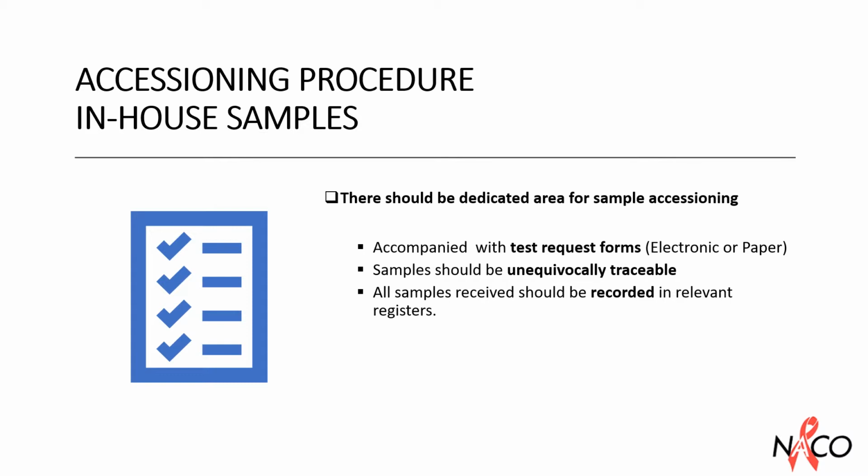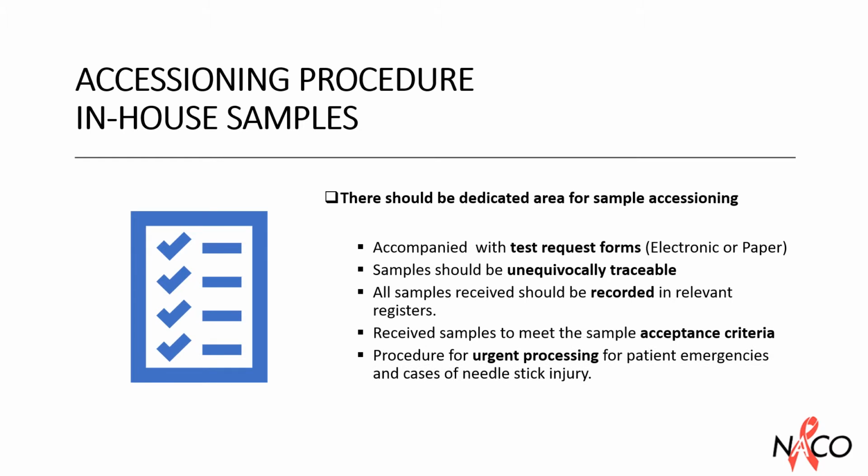Authorized laboratory technicians or counselors evaluate the received samples to ensure that they meet the sample acceptance criteria relevant for the requested test. Sample rejection criteria should be followed by laboratory staff. All the specimens should be treated equally except for physician requested urgent specimen or in case of needle stick injury.